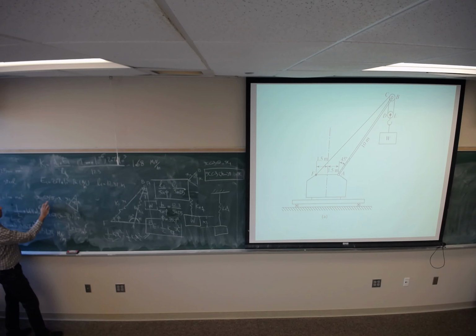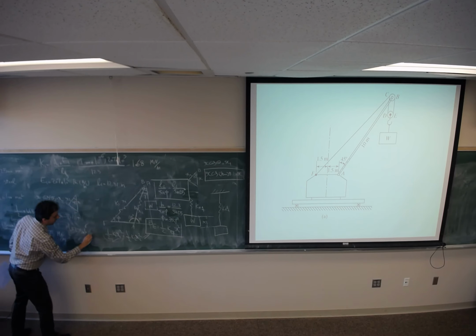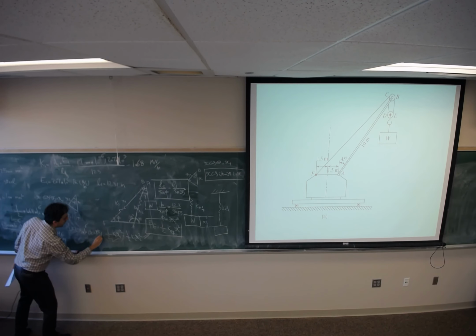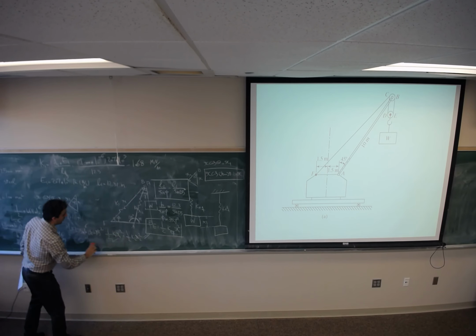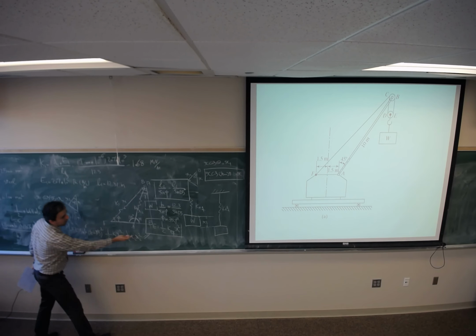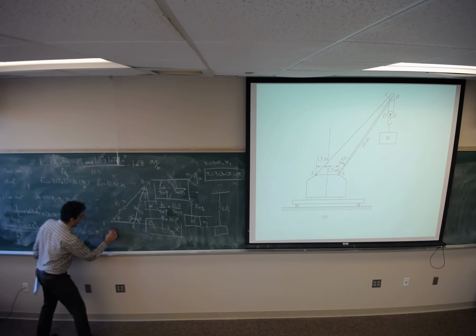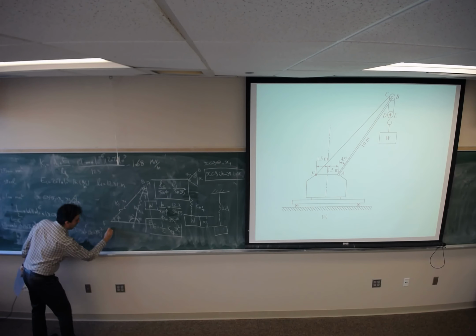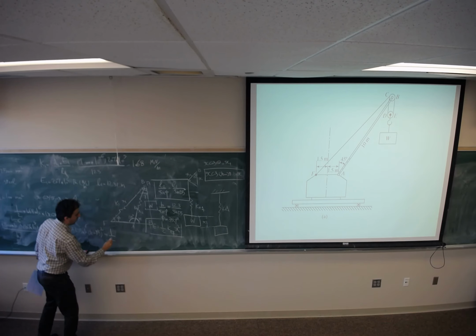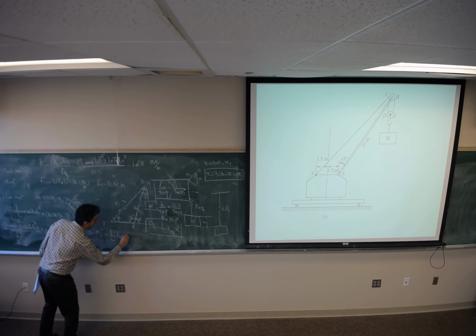X2 is x times cosine of 45, squared. So this summation must be equal to half of K equivalent x squared.